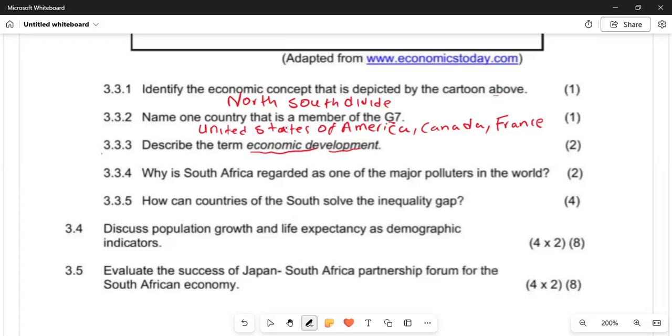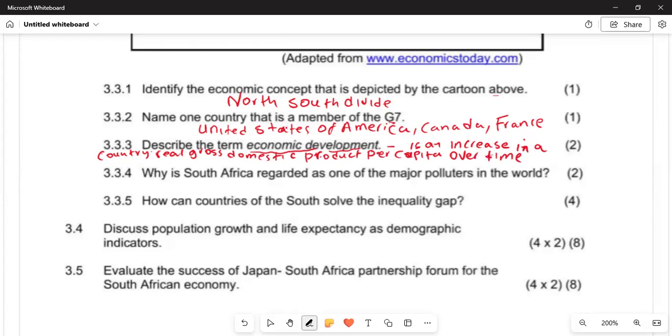So we are going to say, economic development is an increase in a country's real gross domestic product per capita over time. So that is that.